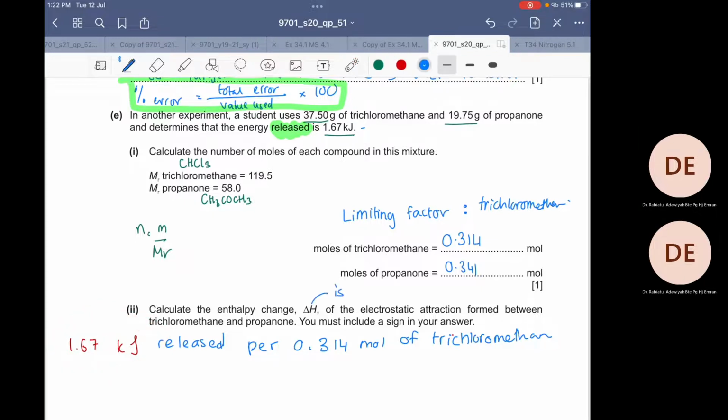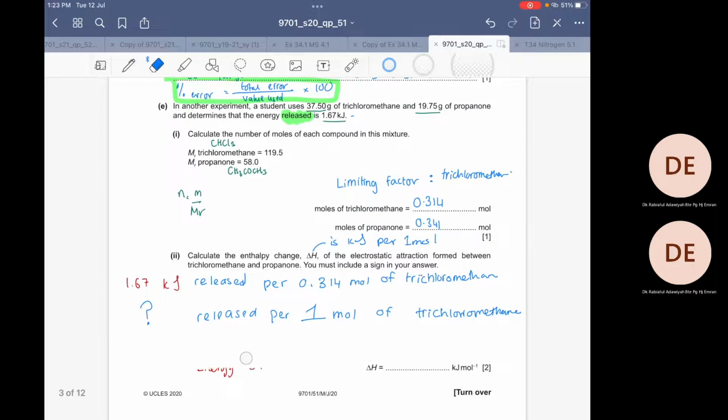Delta H is kilojoules per 1 mole. So how much energy is released per 1 mole of trichloromethane? That answer is how you get your delta H. Don't forget to add in your own sign. Since energy is released, heat is given out, it is a negative value.